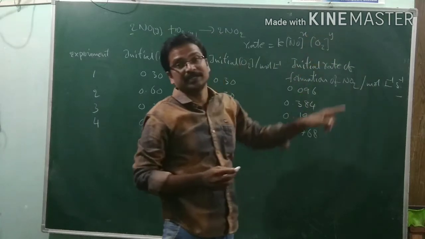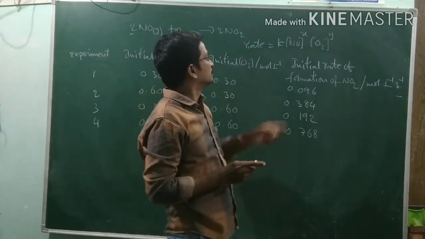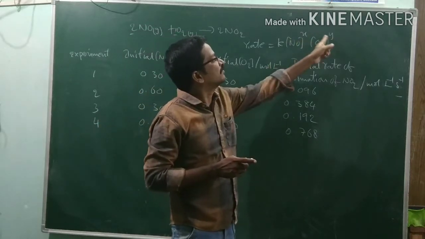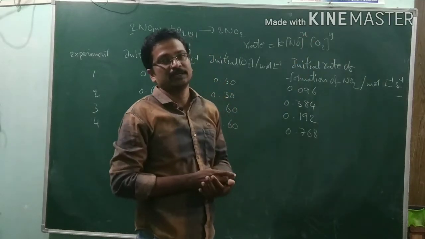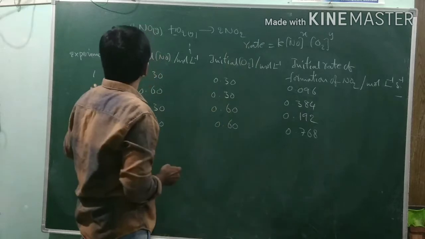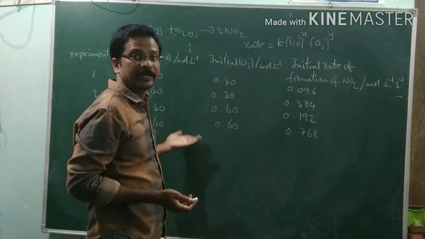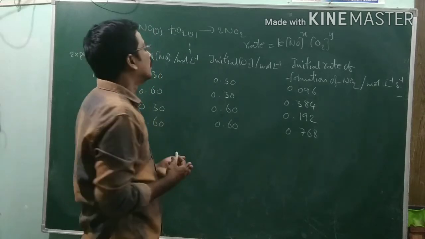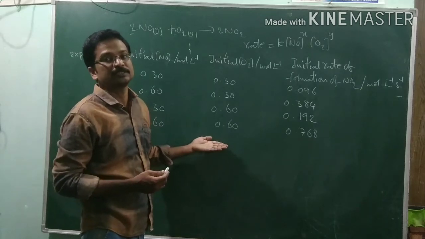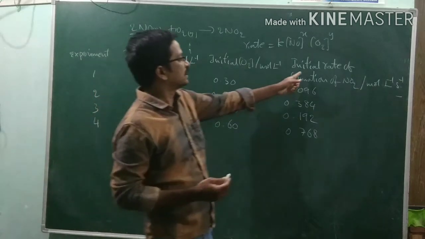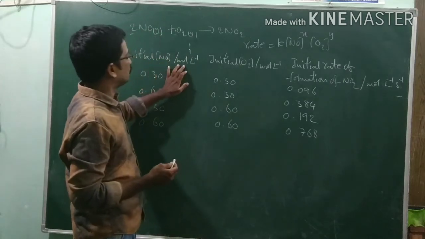In competitive examinations, they ask you how to find out x and y. To find out x and y, they will provide this type of information for you. How to find out x and y using this information? This is the initial NO.